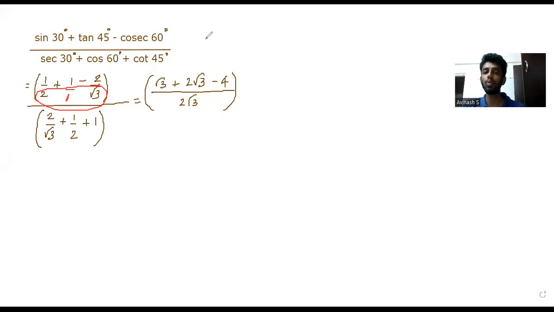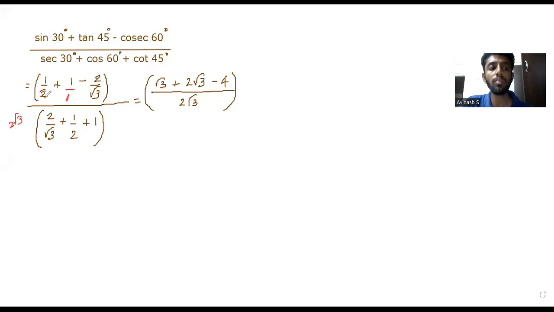If you don't have roots, it is easier to take the LCM, but here we have a root term. So you multiply all the denominators here: 2 into 1 into root 3 is 2 root 3. So we understand that 2 root 3 is the LCM.